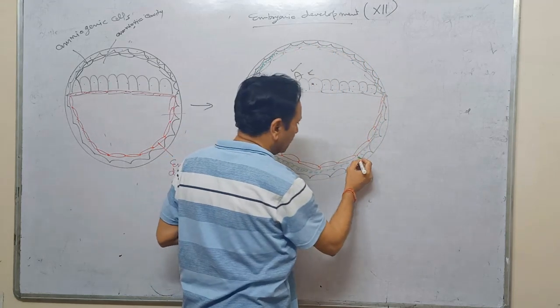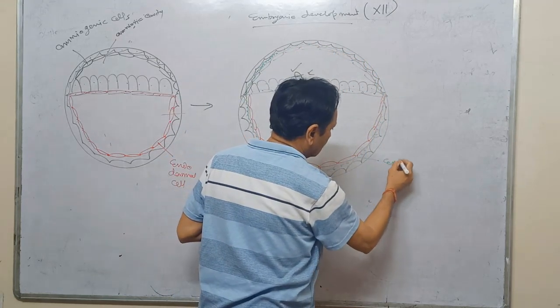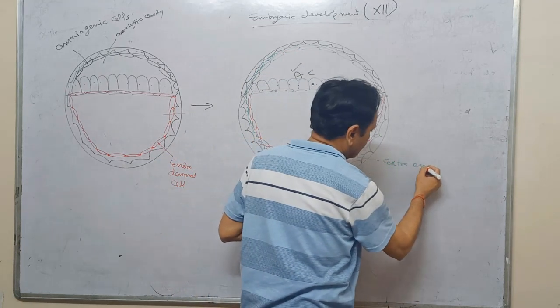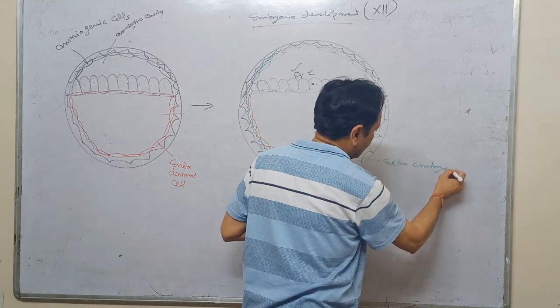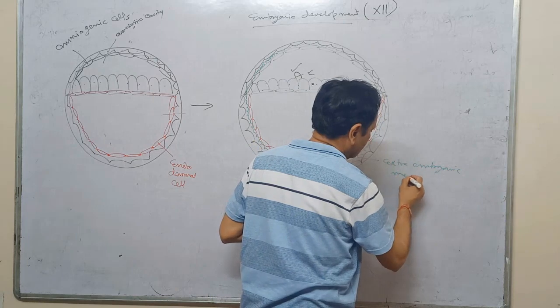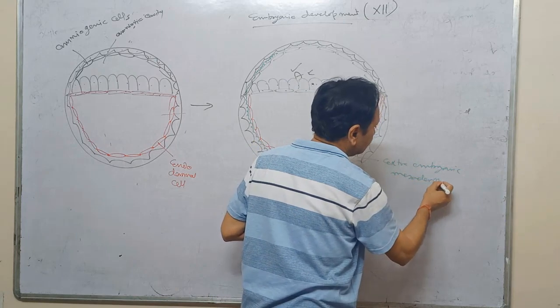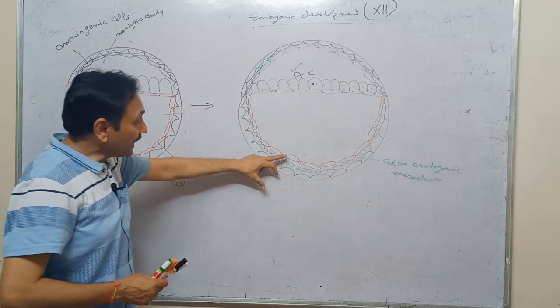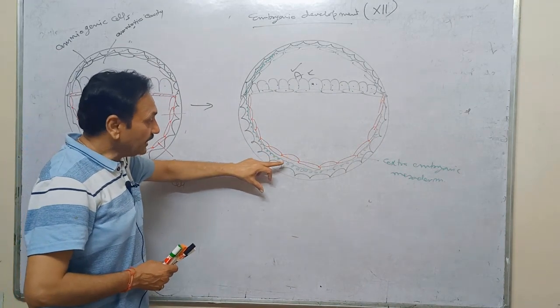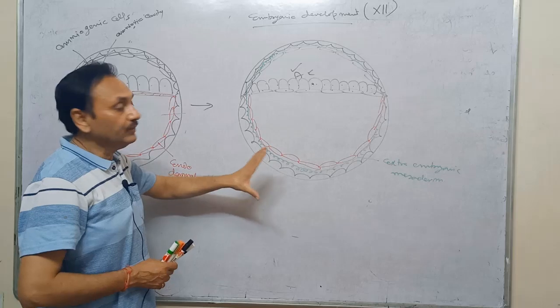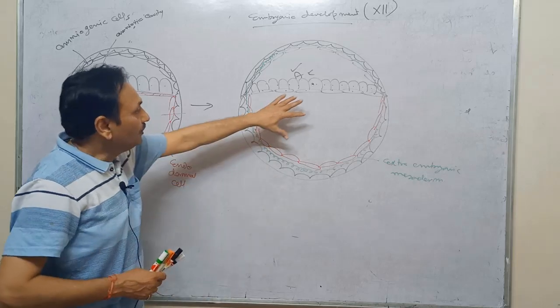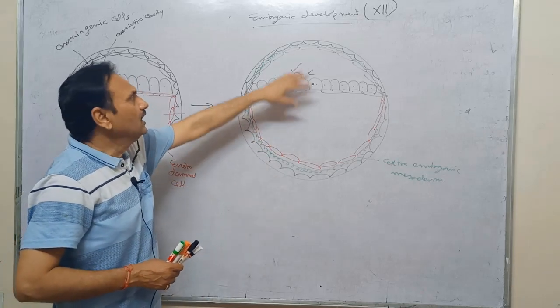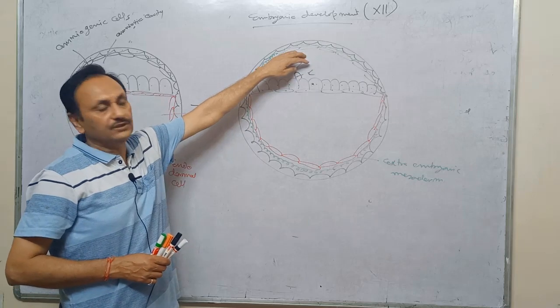This is called extra embryonic mesoderm. Now we see that the extra embryonic endoderm and extra embryonic mesoderm are being formed, and it is still called the primary yolk sac, and this is called the amniotic cavity.